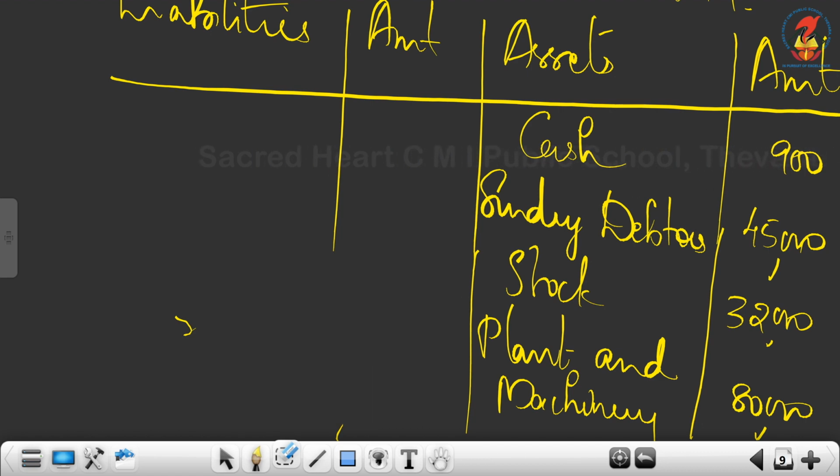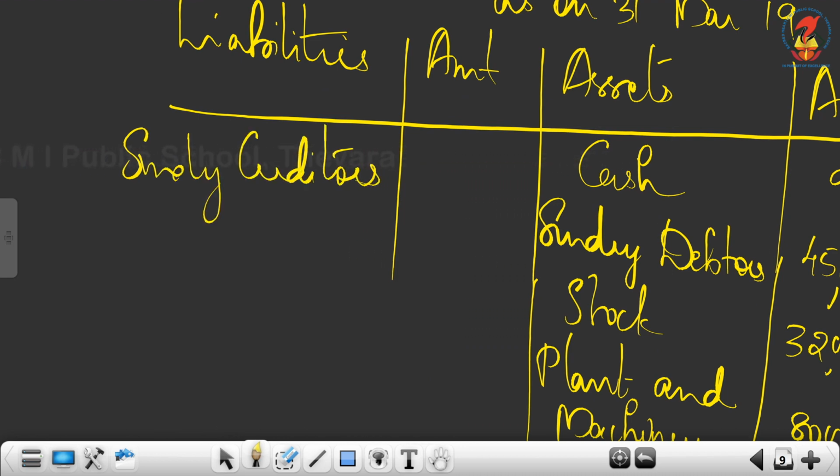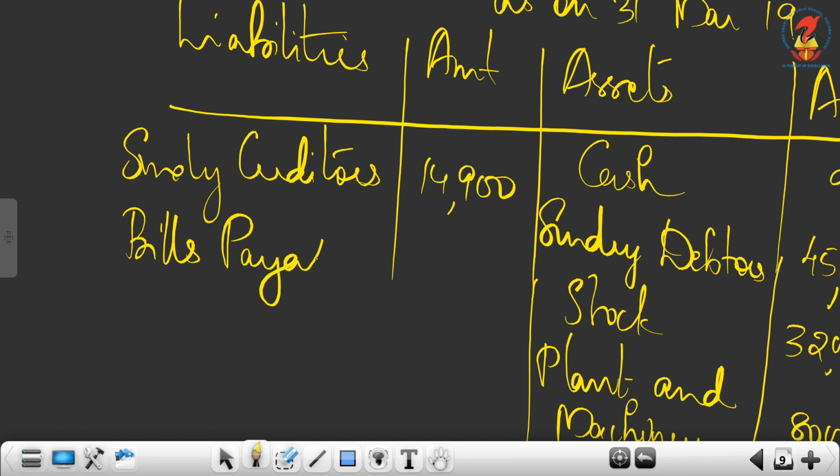Then on the liability side we have, for the year ending, one more item, that is bills payable also. So sundry creditors, the amount is 14,900 and bills payable 5,000.